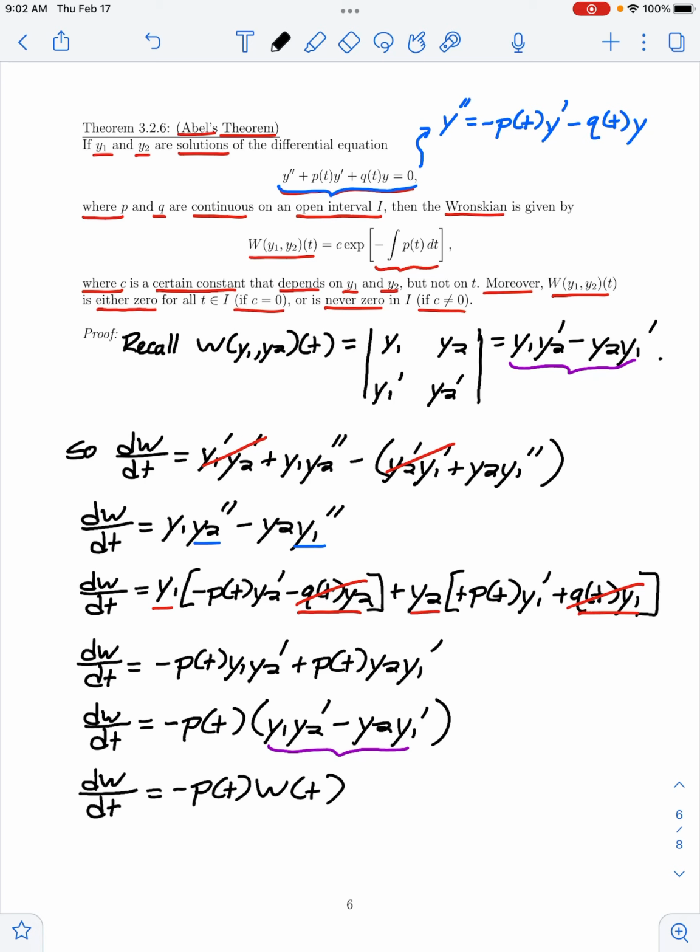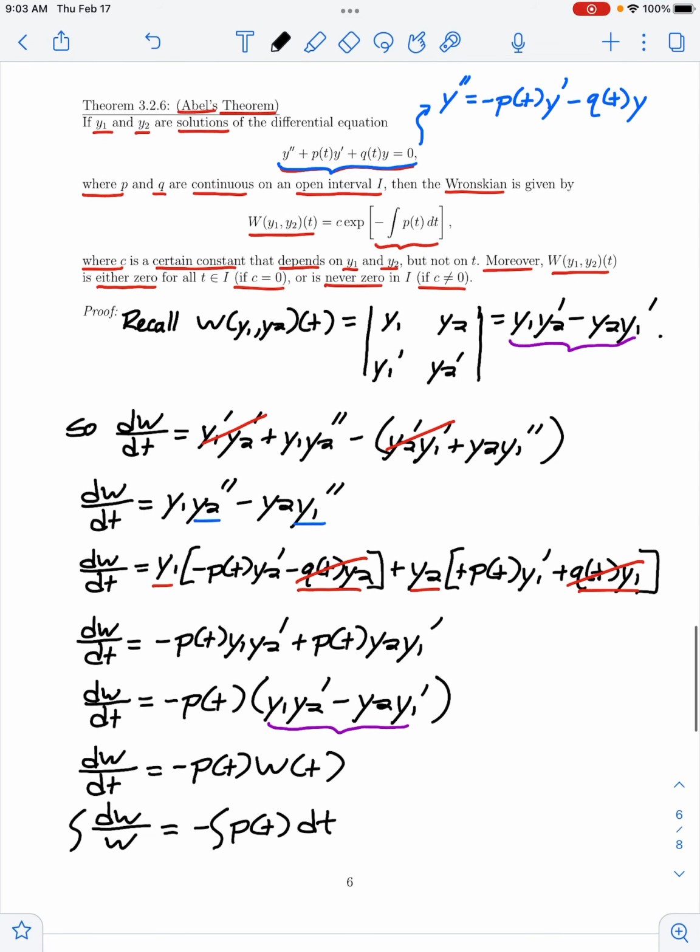So to solve this, we could use separation of variables. If we put everything with a w on our left-hand side and everything with a t on our right-hand side, we have the following. And then we can integrate on both sides to solve.